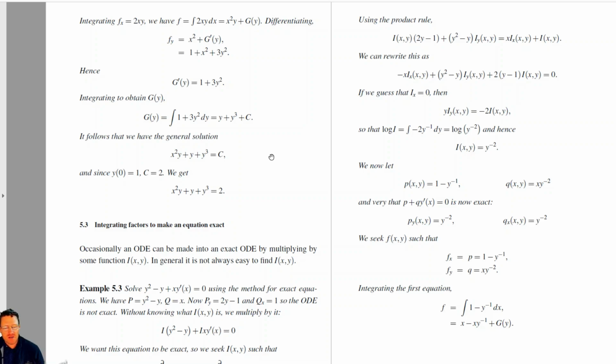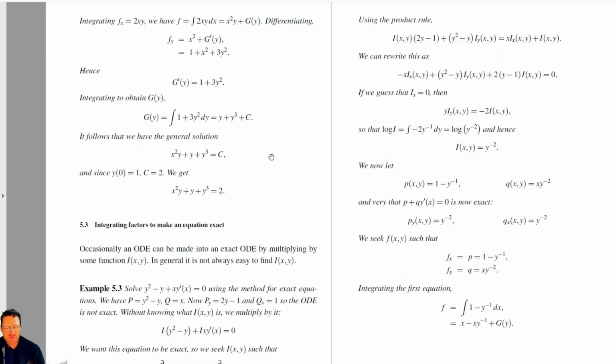Example 5.3, solve y squared minus y plus x y dash is equal to 0, using the method for exact equations. Now we set out a P and a Q because we've got this in the correct form. We differentiate each of those partially.